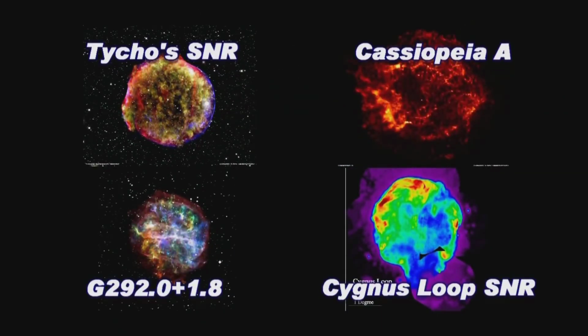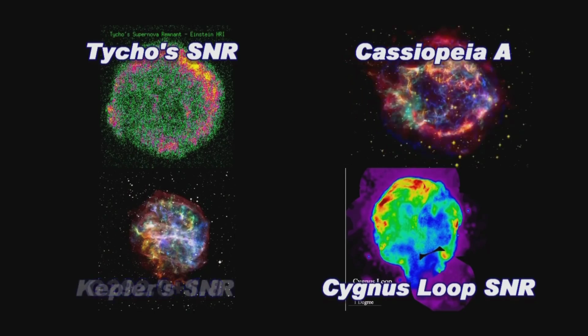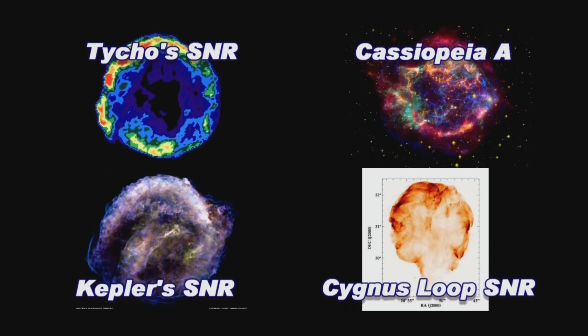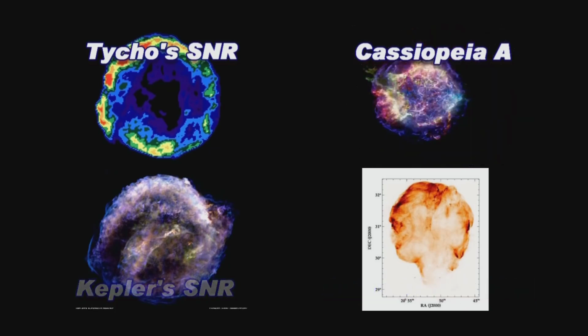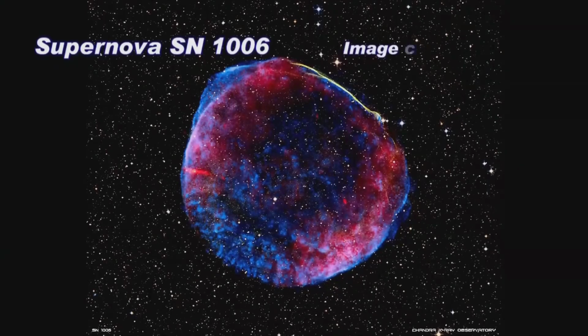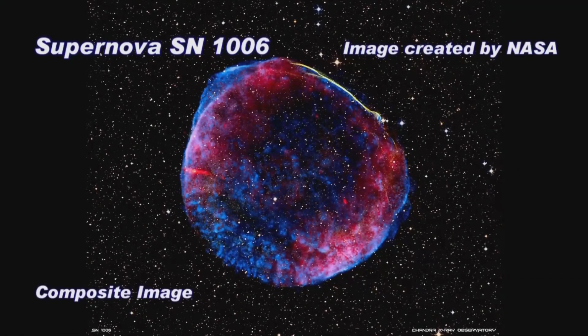Scientists have studied supernova remnants with a wide variety of instruments. When you carefully check all this data, you will find that it all conforms to the theories of supernova remnant formation presented in the Primer fields. One of the most thoroughly studied supernova remnants is SN 1006.